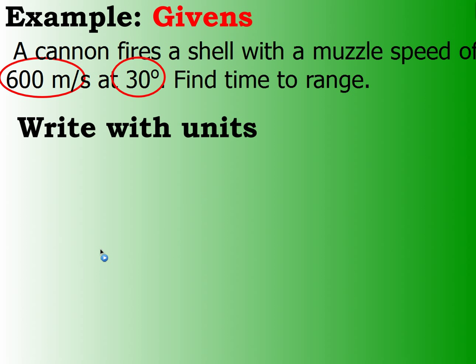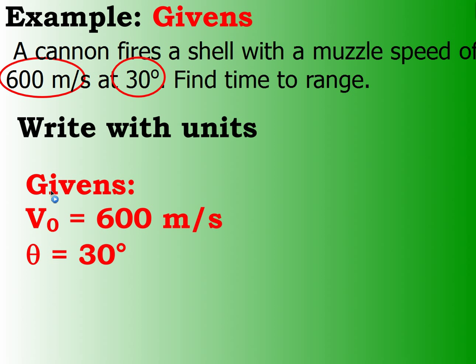All right. Same problem, and I write the word givens, G-I-V-E-N-S, and the first thing they're going to write down is every number they actually see in the problem. The initial velocity is 600 meters per second, and the angle theta is 30 degrees. But we're missing the hidden givens.